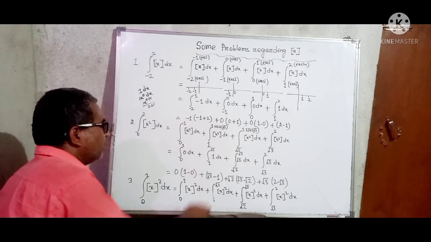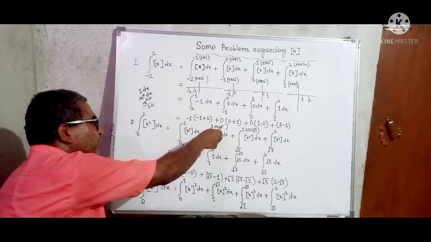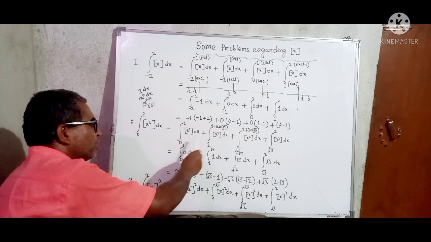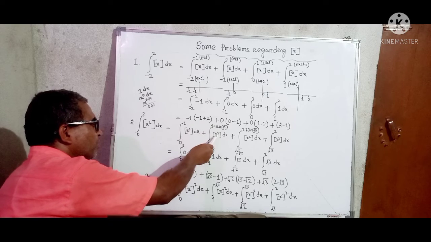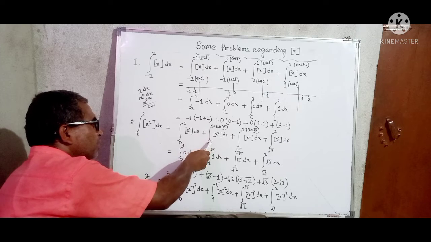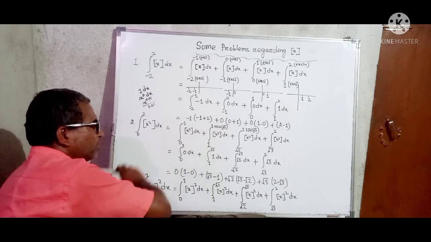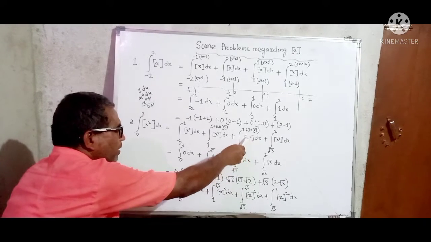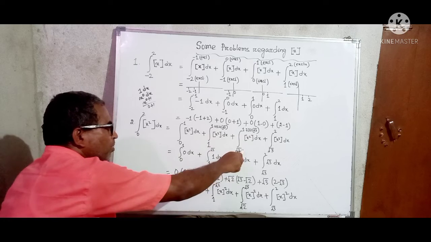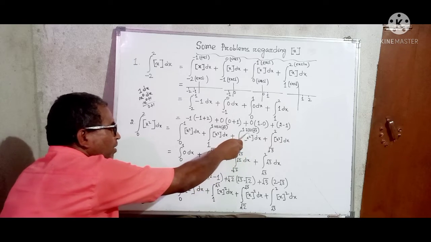Then starting from 1 to 1.414, this is the approximate value of root 2, the value of x square. The value of x is from 1 to this, and squaring the value will be continuous. Then for x from root 2 to root 3, squaring the value, this is what?